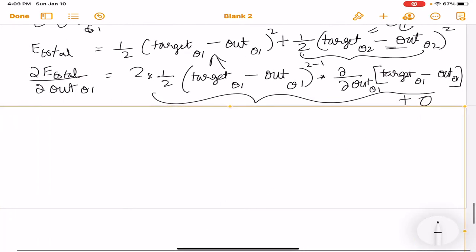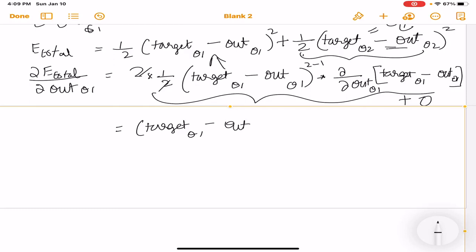So when I further do this, these cancel out, so target O1 minus out O1, 2 raised to 2 minus 1 is 1, into dou by dou out of target O1 is 0 minus dou by dou out of out O1 is 1 plus, of course, this 0.